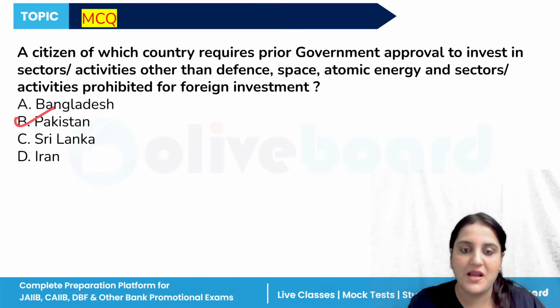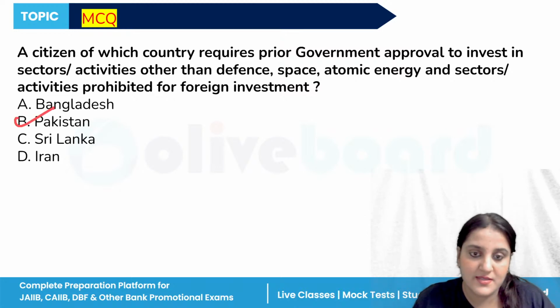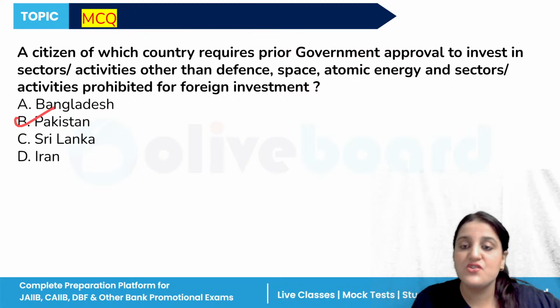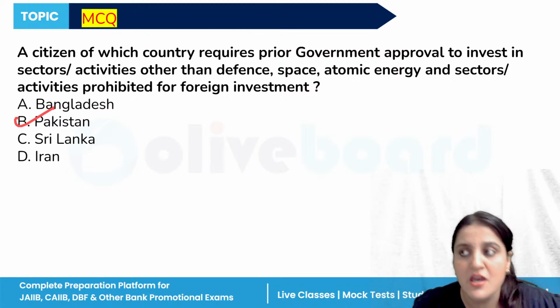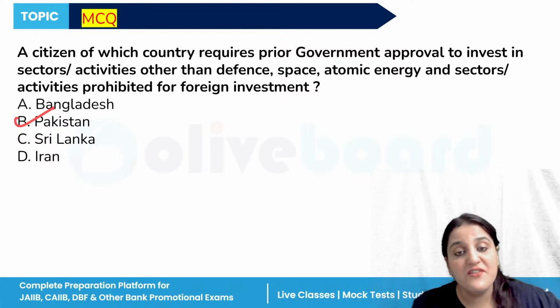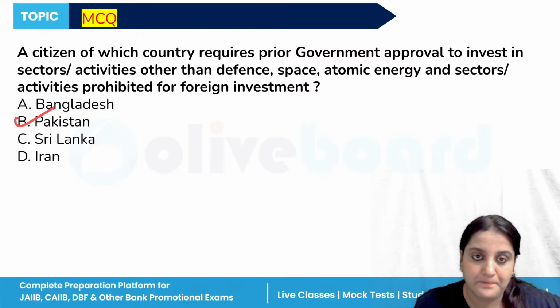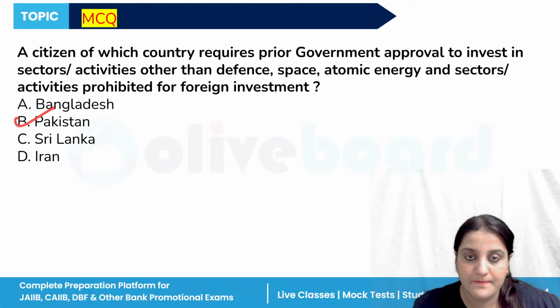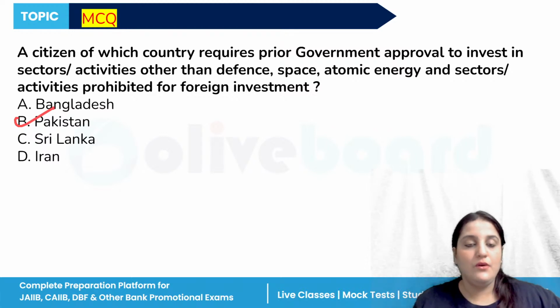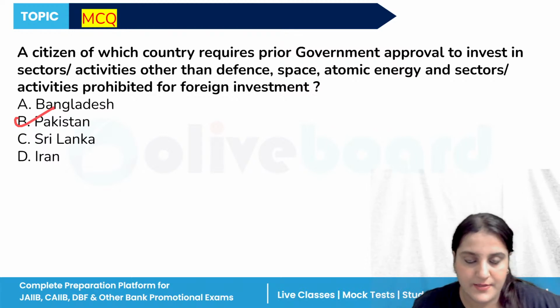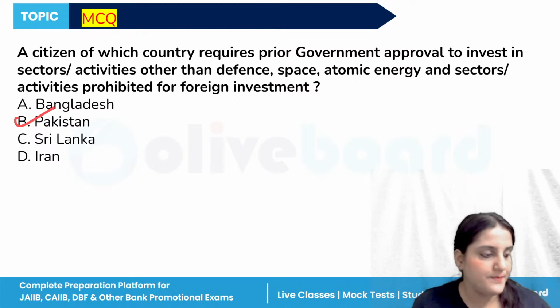Without any doubt, a citizen of Pakistan or any entity incorporated in Pakistan requires prior government approval to invest in these sectors. Okay, so option B is correct. Understood?